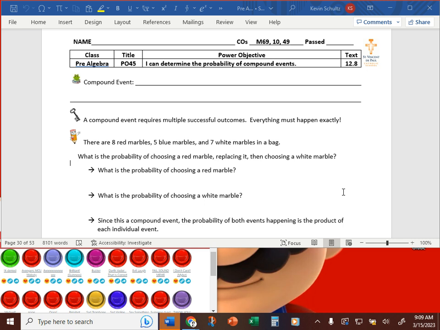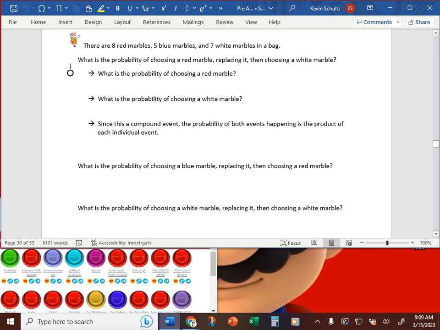We're really only going to have time to go over maybe a few examples today, but go back to the marbles. There are 8 red marbles, 5 blue ones, and 7 white marbles in a bag. And instead of just asking what is the probability of choosing a white marble or a blue marble or a red one individually, the question is, what is the probability of choosing a red marble, replacing it, then choosing a white marble?